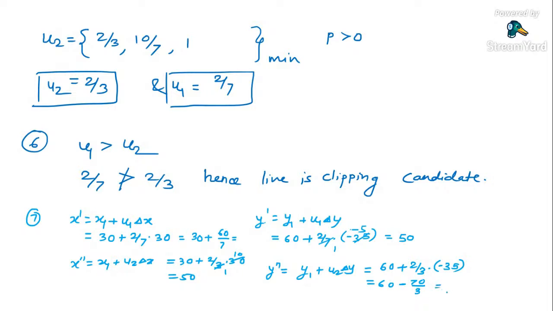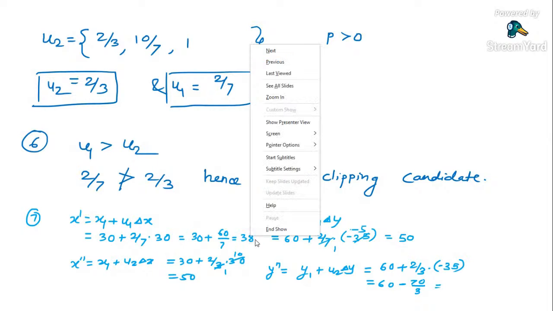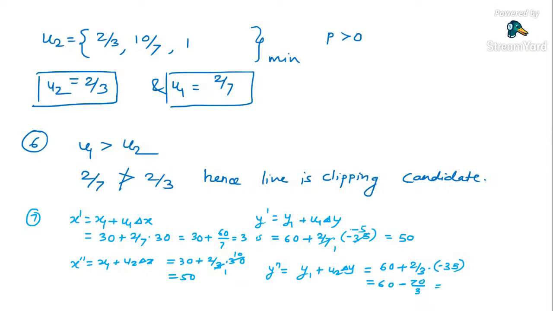So we'll calculate it. 60 divided by 7 is 8.57, plus 30, so the answer is 38.57. This y dash is 50, and x double dash is 50.